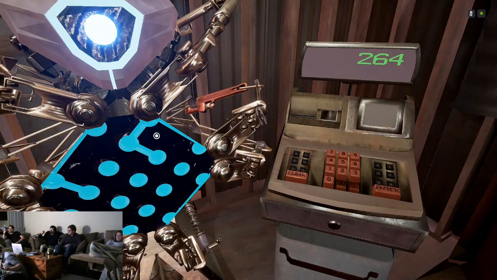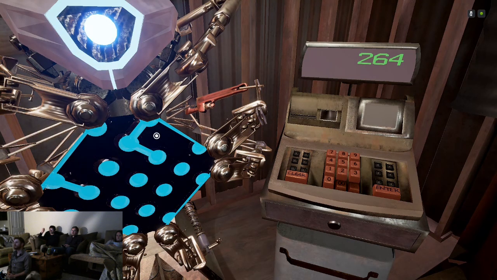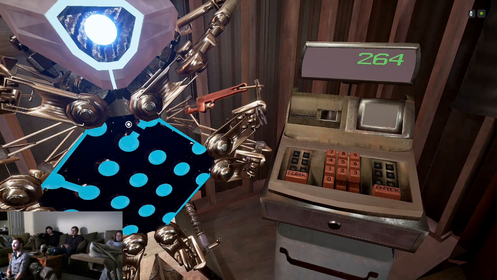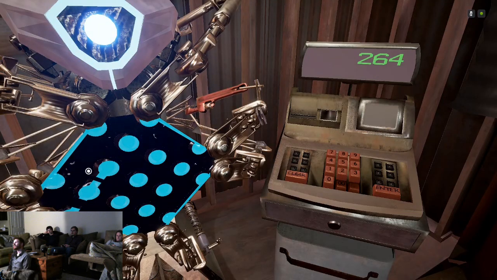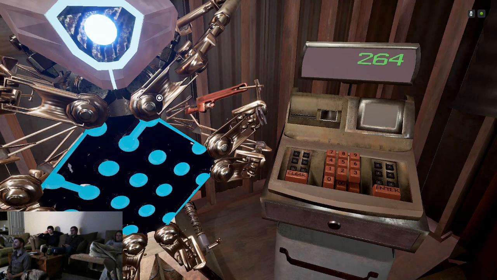So if it's just additive, then if you just connected these 2, that would be 265. No. What you had already to get 256. Wait, what do you mean? Just do this, and then this, and then this.